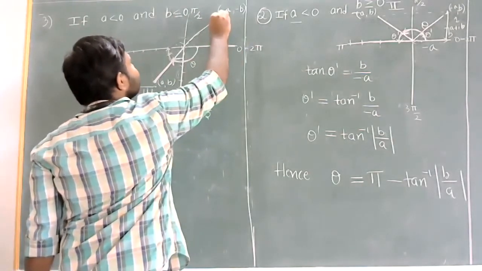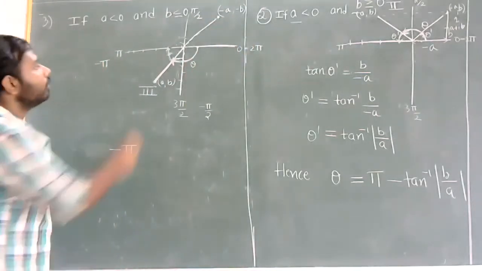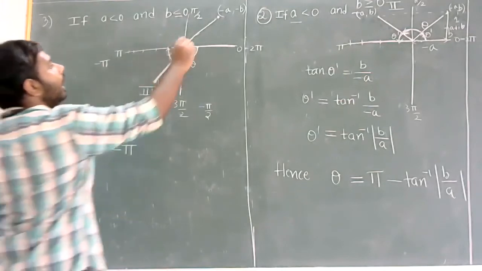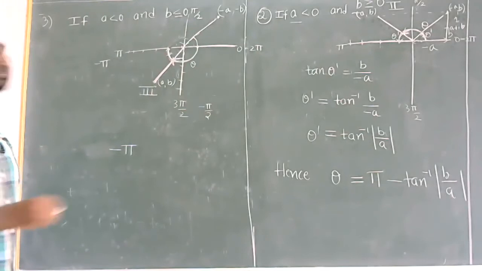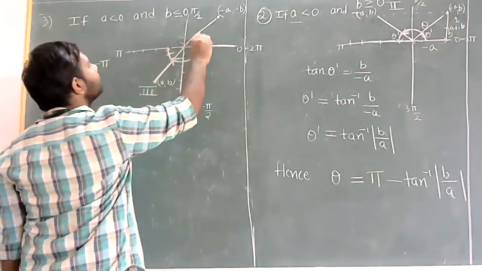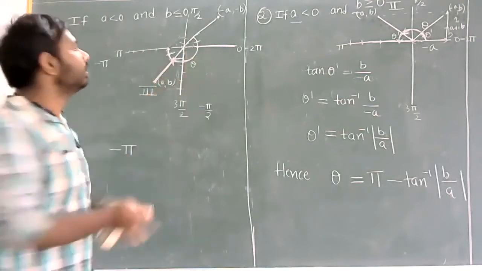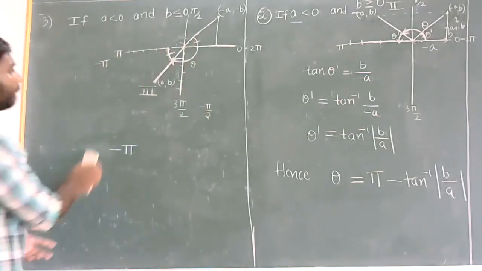So once again I got a point in the first quadrant. Now actually I need this angle, and this angle is equal to this angle, vertically opposite angles. So these two angles are equal, and I know how to calculate this angle by constructing a right angled triangle.